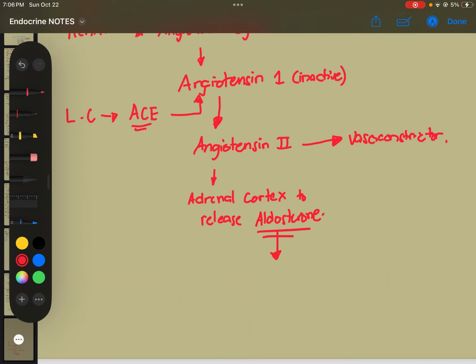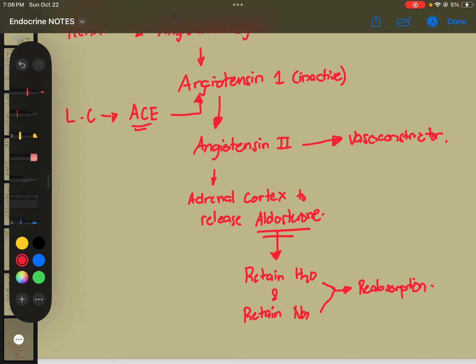The first one is that it will retain H2O. And the next one is that it will retain sodium, specifically through a process in our kidneys that we call reabsorption. So it looks like this.